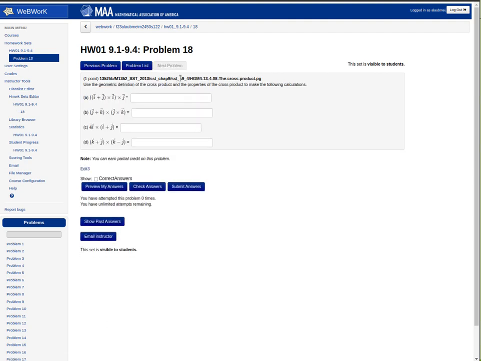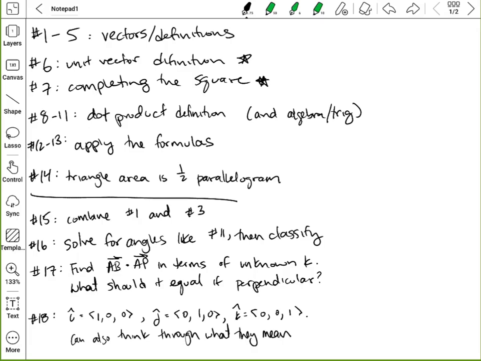And then problem 18 is kind of more dot and cross products. The only part that I thought might be tricky here is that you do need to know that the coordinate vectors are like 1, 0, 0, 0, 1, 0, and 0, 0, 1.